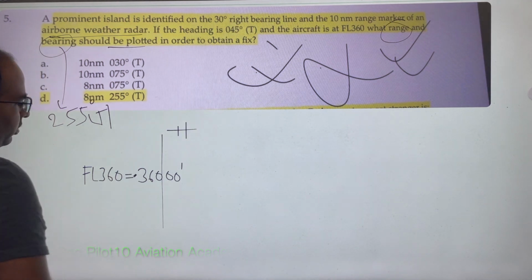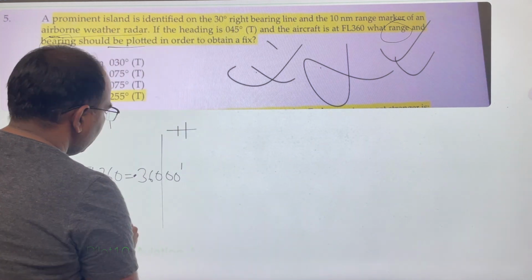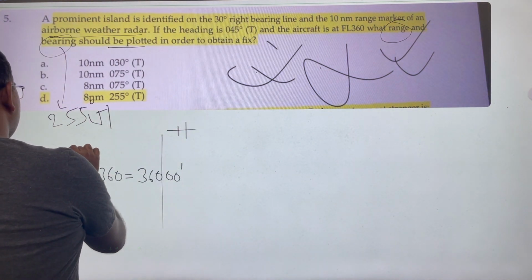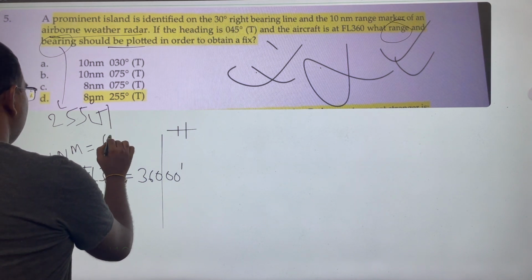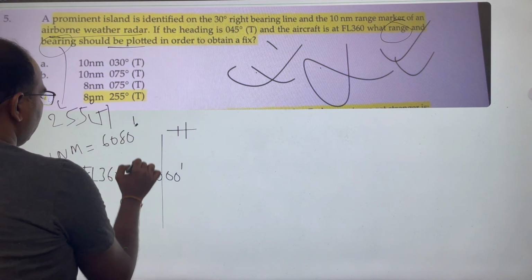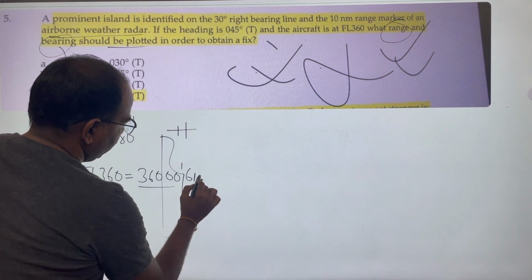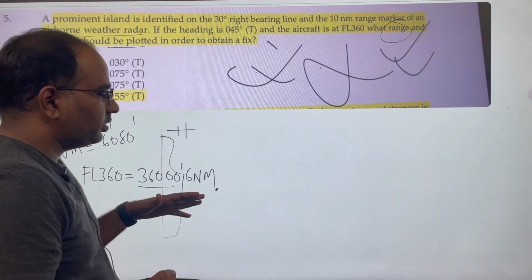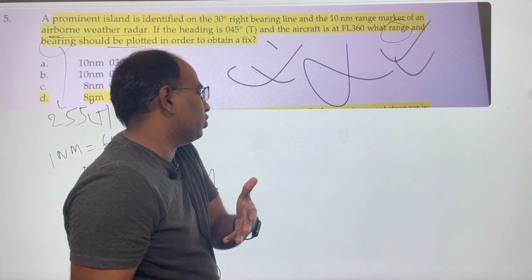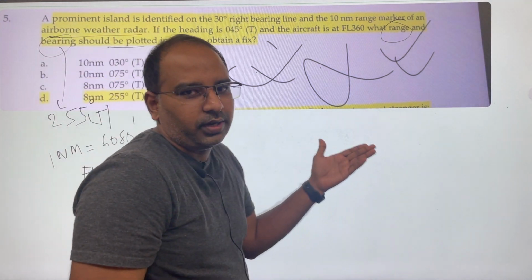Flight level 360 is just you keep 2 zeros, it will be 36,000 feet. That means 1 nautical mile is equal to 6080 feet. So approximately 36,000 feet would be 6 nautical miles height from ground. Not from ground, it is from 1013 datum, that is a different topic. Generally approximately it is flying 6 nautical miles above the earth on an average.